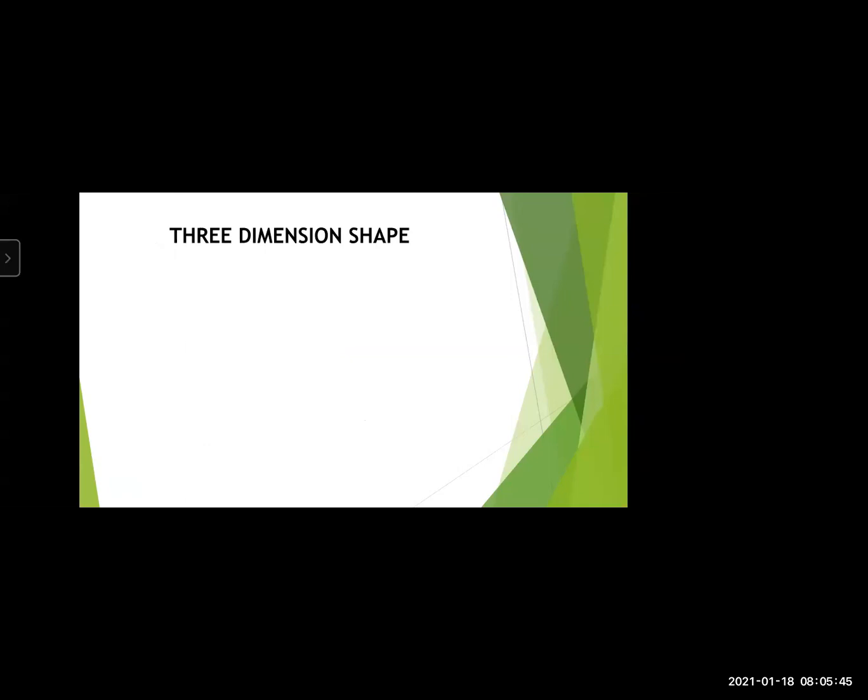Next, what we are going to learn today is the three-dimensional shape. Now see, here is the figure, here is the shape. What measurements are required to measure it? Its length, its height, and its breadth are also required.